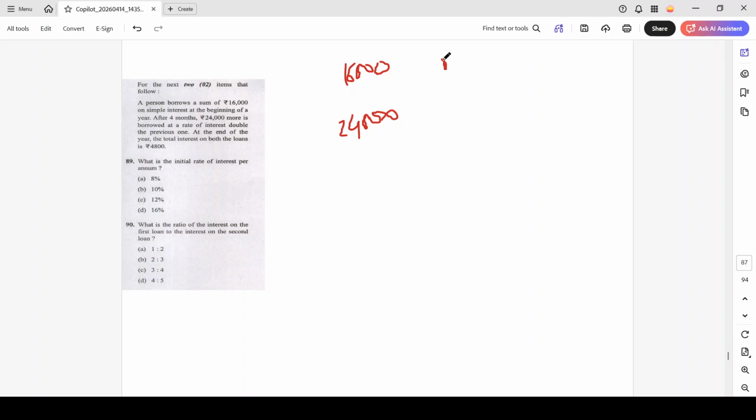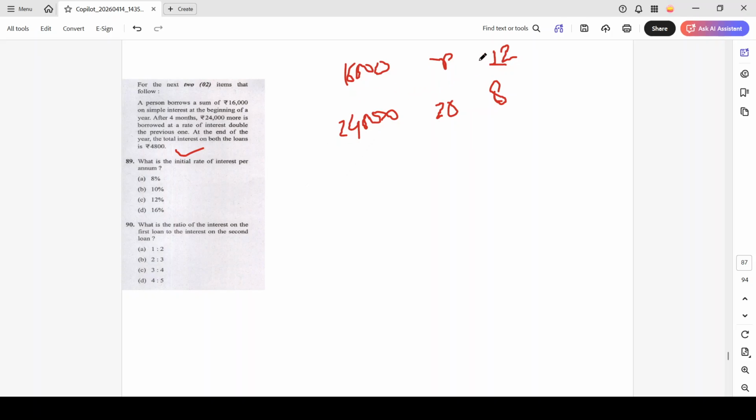Suppose it is at r percent, then the rate of interest is 2r. At the end of the year, total interest on both the loans is 4,800. This is for 1 year, that is 12 months, and this is for 8 months.